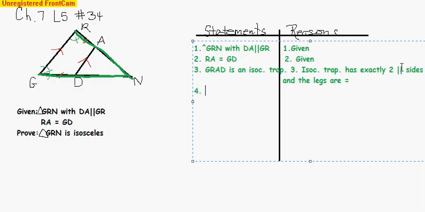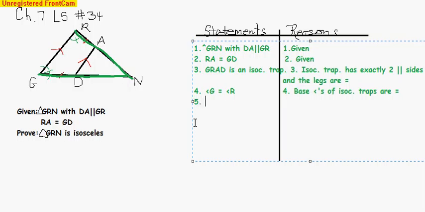Next thing we can say, since we have that, we know that angle G is equal to angle R. And we know that because the base angles of isosceles traps are equal.